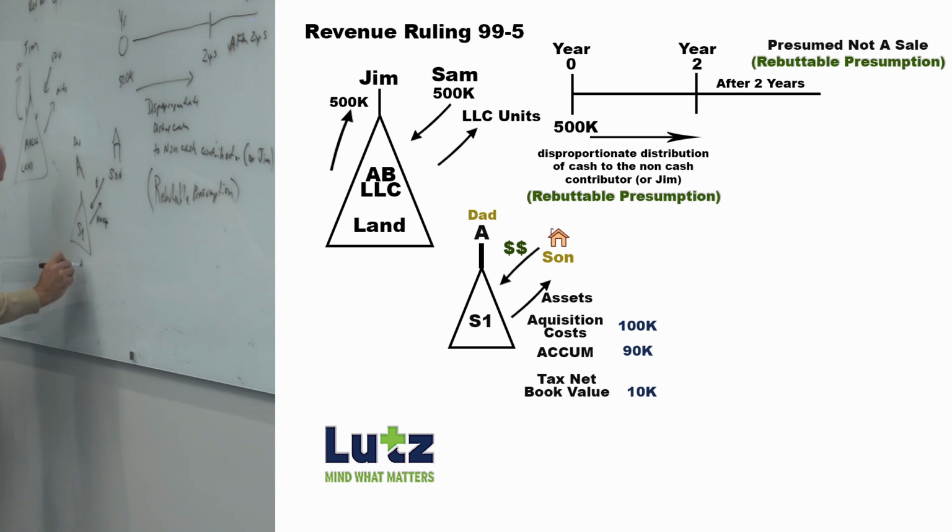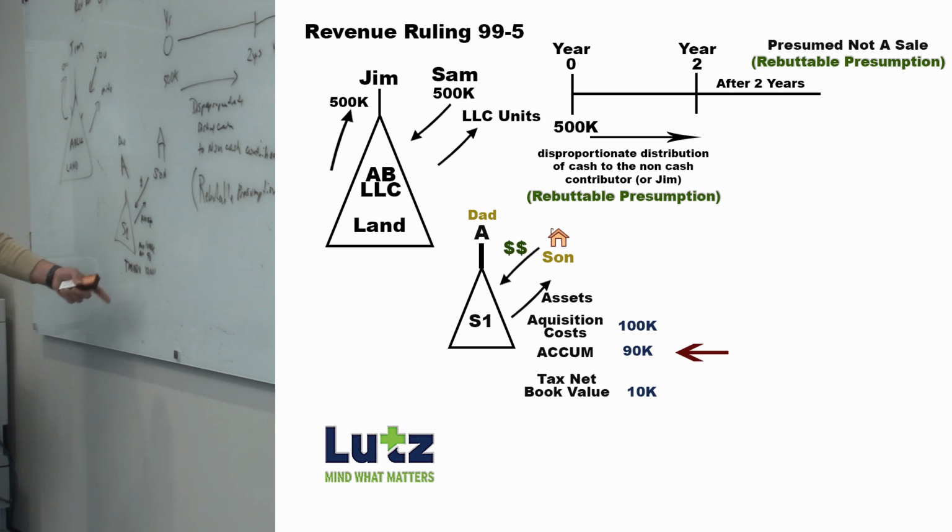The tax net book value is 10,000, which had an acquisition cost of 100K and accumulated depreciation of 90. So my accumulated depreciation is 90,000 to get 10K of net book value.